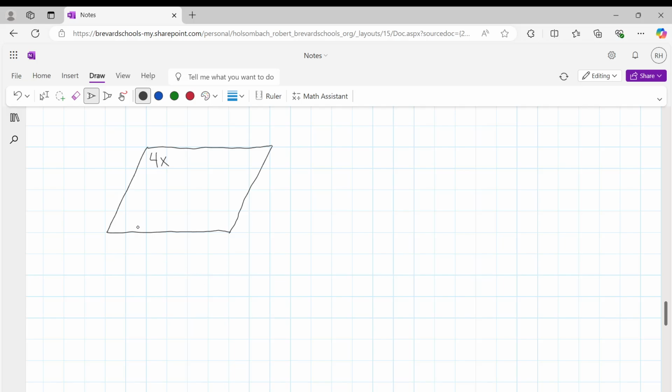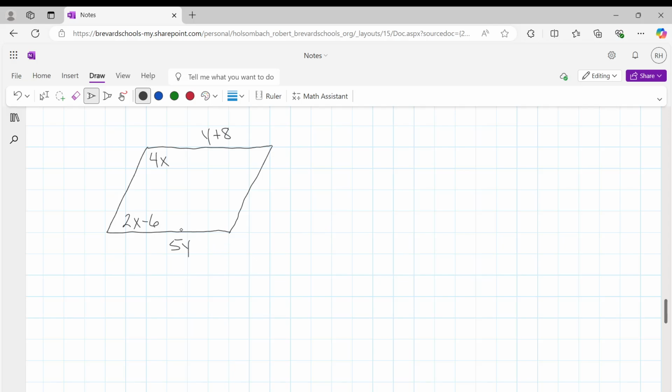This lower left angle, we're going to call it 2x minus 6. The top of this parallelogram is y plus 8. And the bottom is 5y. And you've got to solve for the variables.